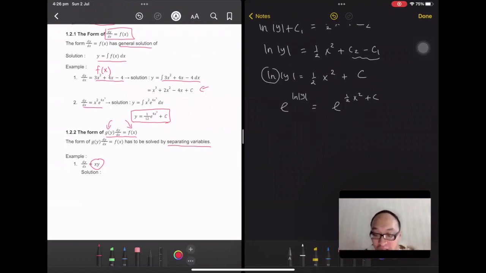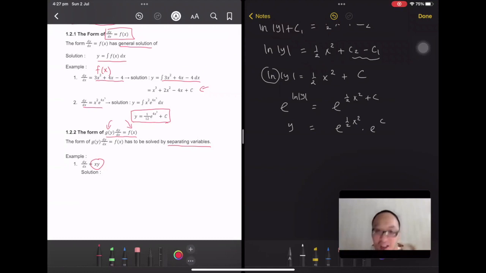E to the power of ln y is y, and e to the power of half x squared plus c we can rewrite as e to the power of half x squared times e to the power of c.